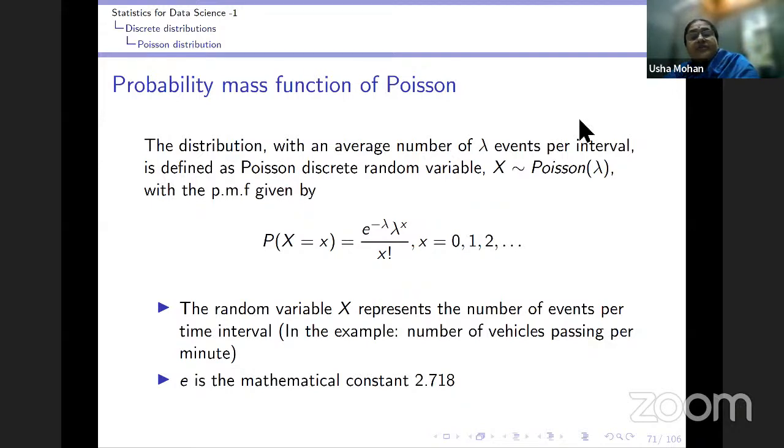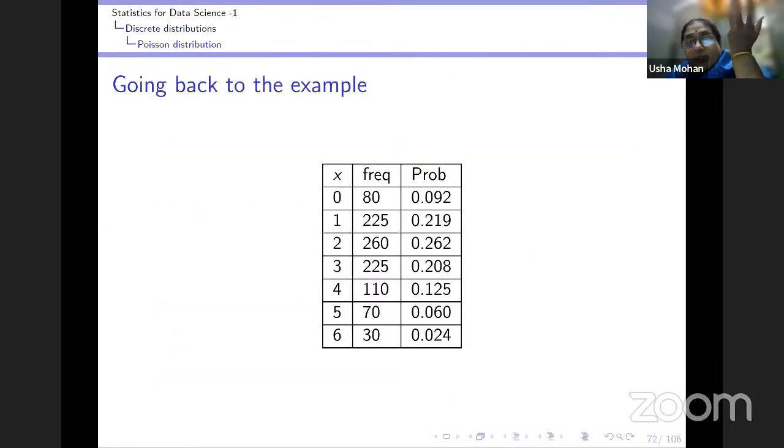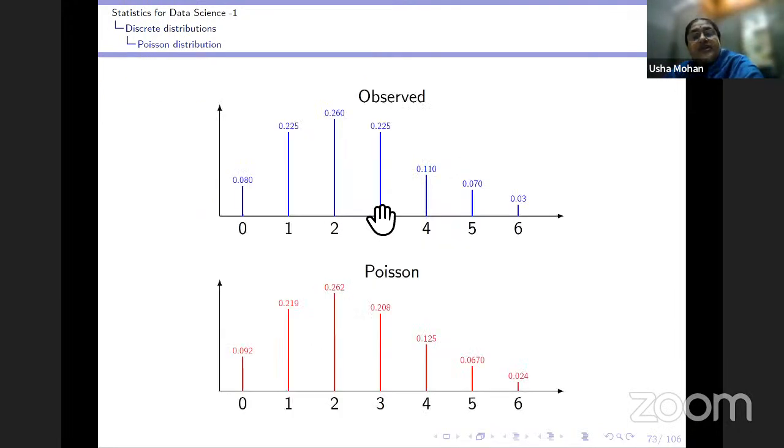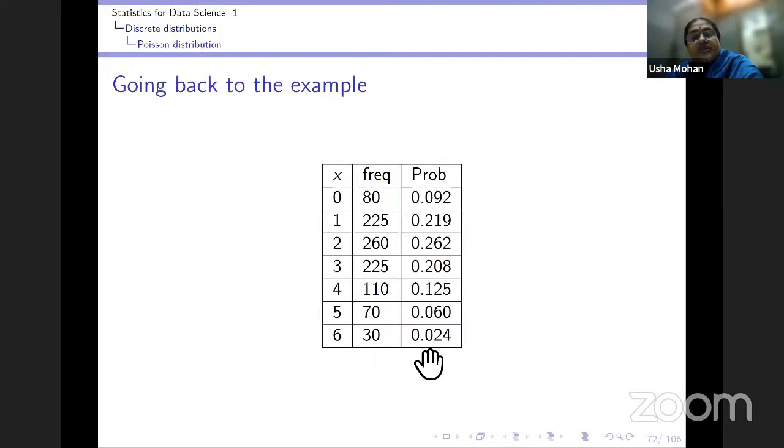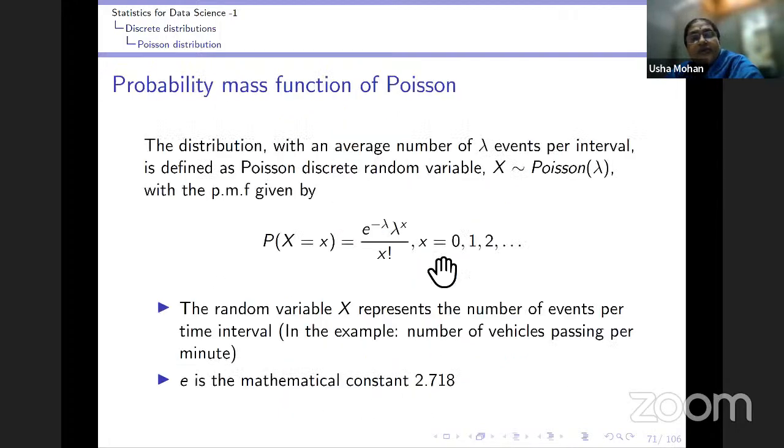For example, if I am interested in knowing the probability of misprints, if on an average I say that there are 2 misprints in a page, and I'm interested in knowing the probability, that's how we can model it as a Poisson distribution. So you can see that this is my observed and this is modeled as a Poisson distribution, with lambda equal to 0.26.